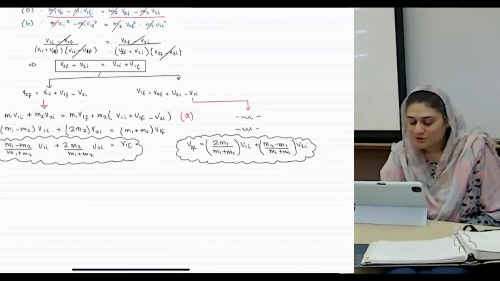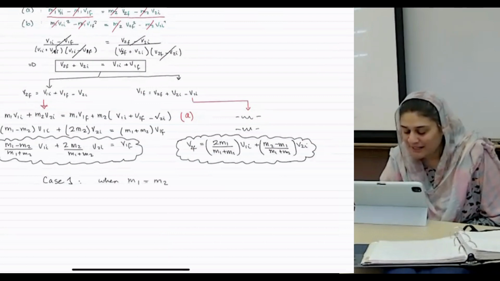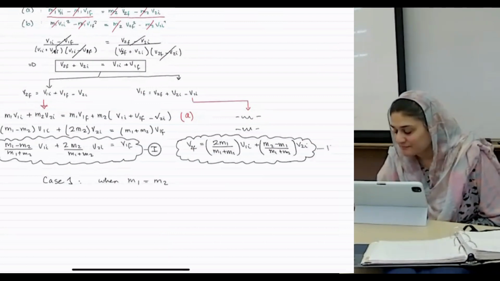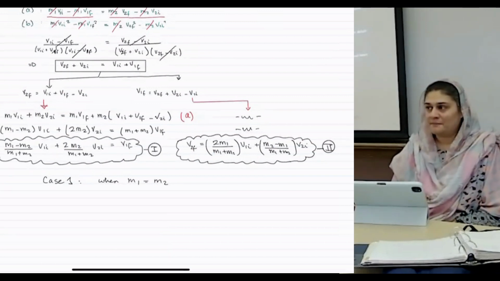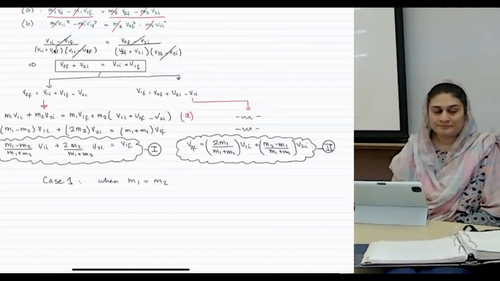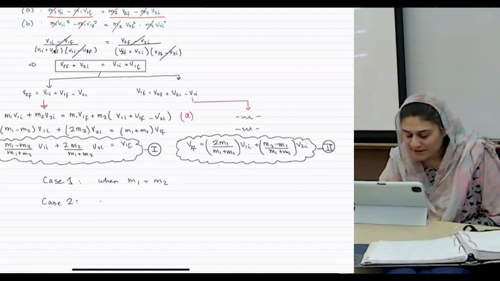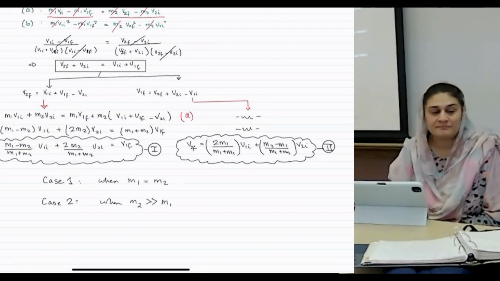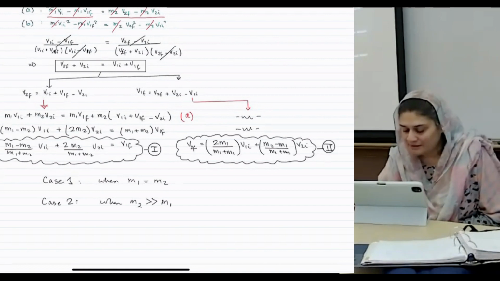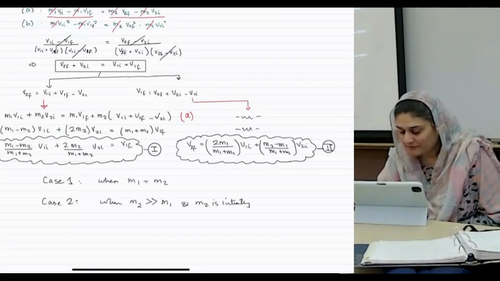Okay, now that's done. It looks really complicated, but I want you to do this for yourselves. I want you to do specific cases. So case 1 is when M1 equals M2. What happens to these two equations? Good? Case 2 is when M2 is much, much greater than M1, and M2 is initially at rest.